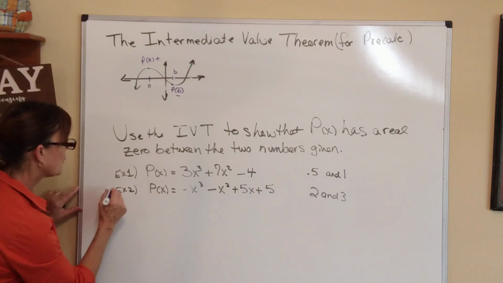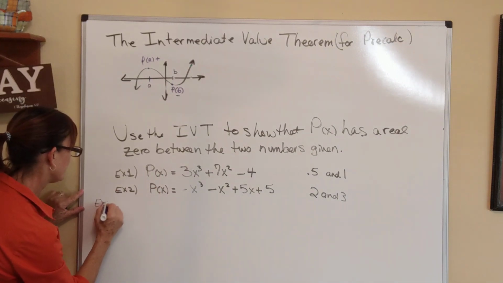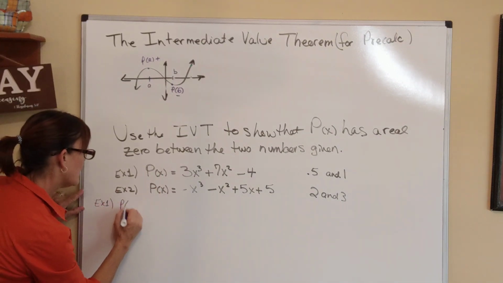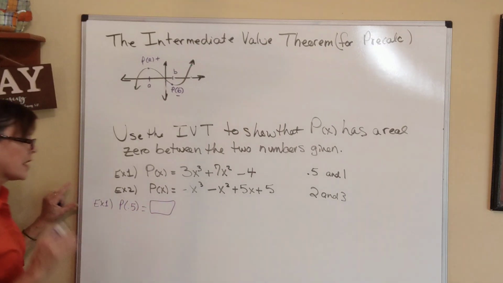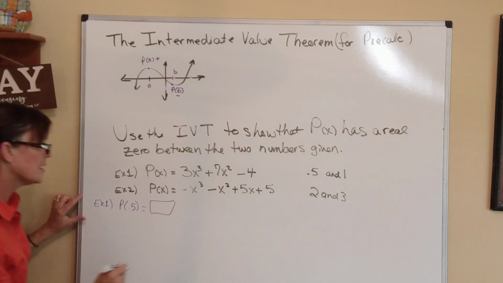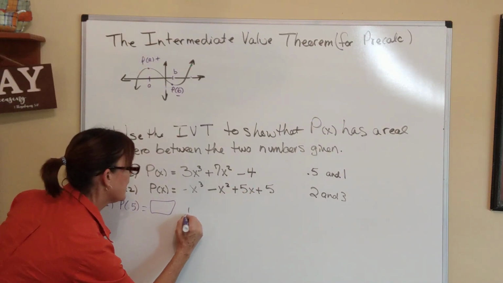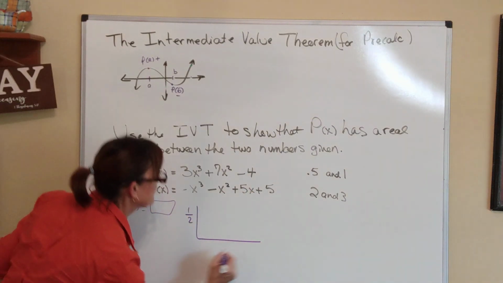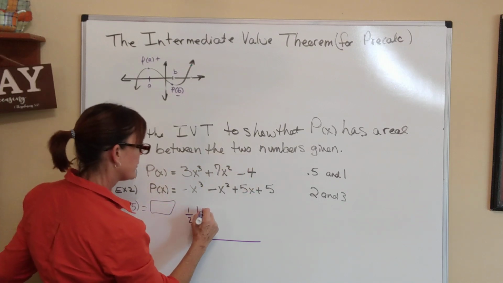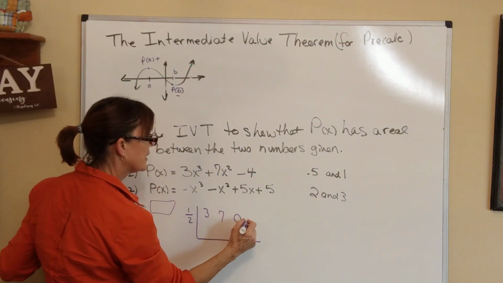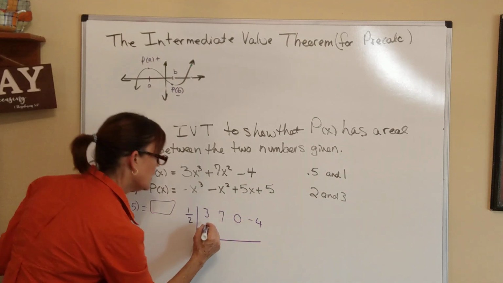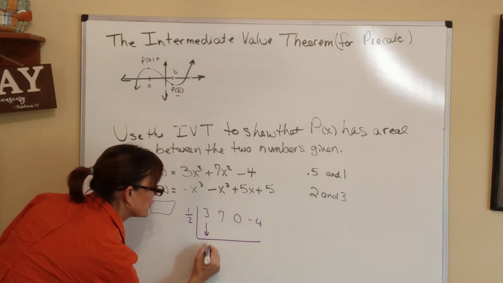So, for example 1, p of 0.5 is going to equal whatever remainder I get when I run this through synthetic division. So, 0.5, which is 1/2, is my value of c. Put your coefficients up here, 3, 7. We don't have an x term, put a placeholder in, and -4.